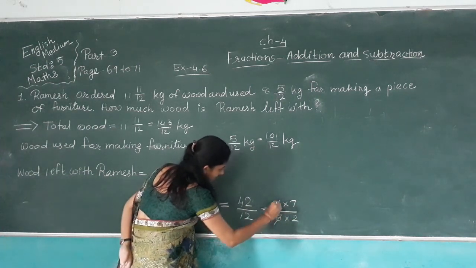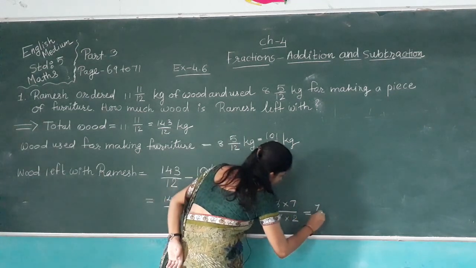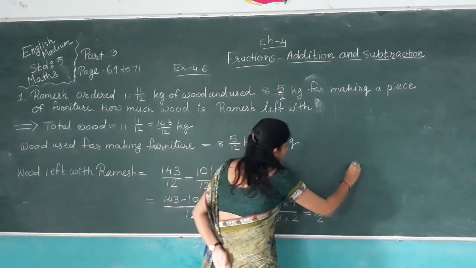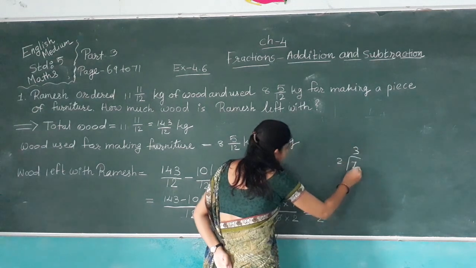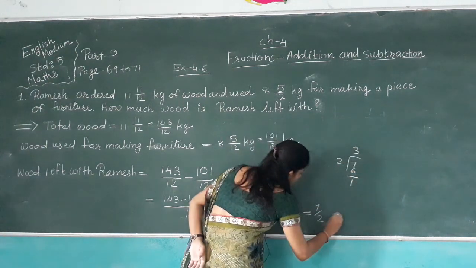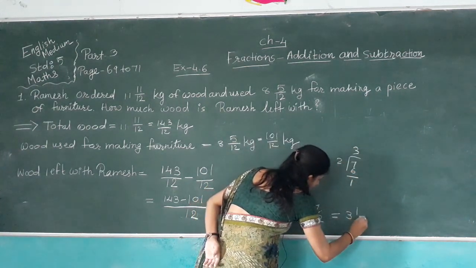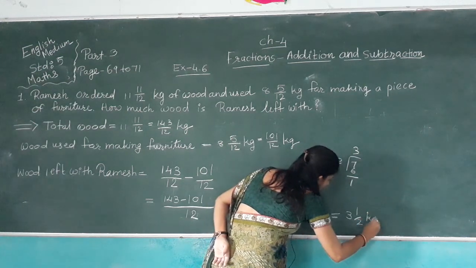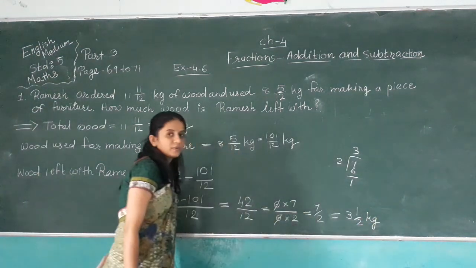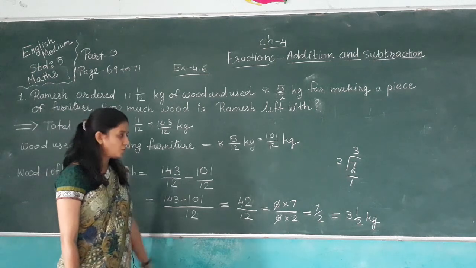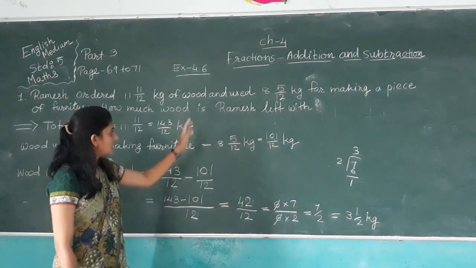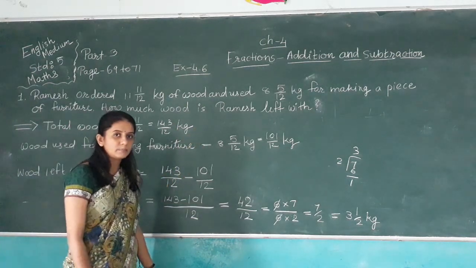Cut here 6 and 6. We get answer 7 out of 2. 7 divided by 2. 2 3s are 6. 1. So 3 1 out of 2 kg wood is left with Ramesh.